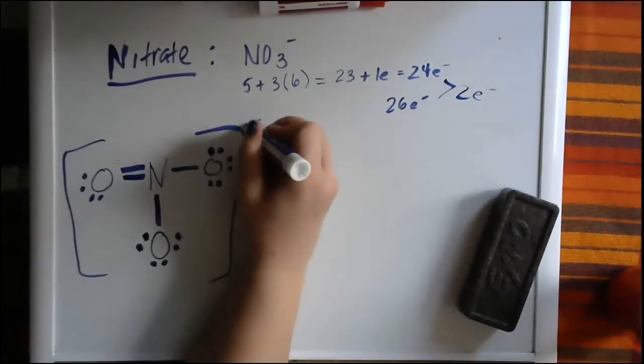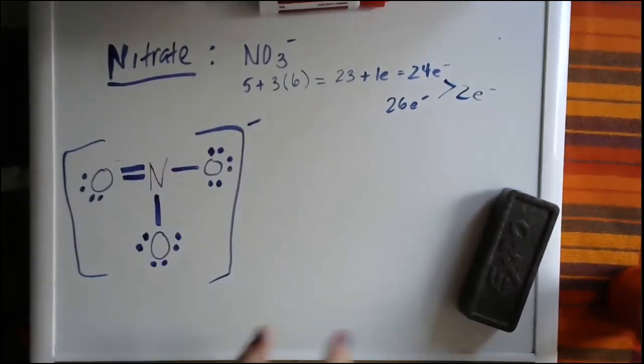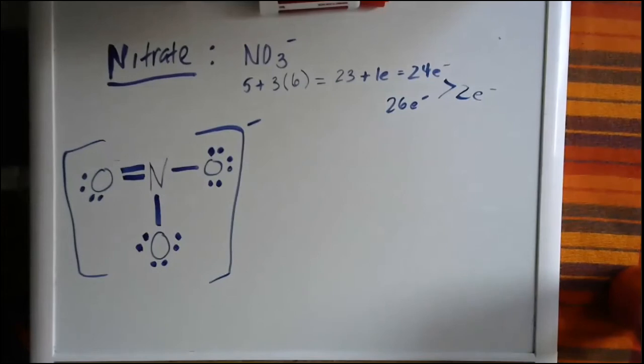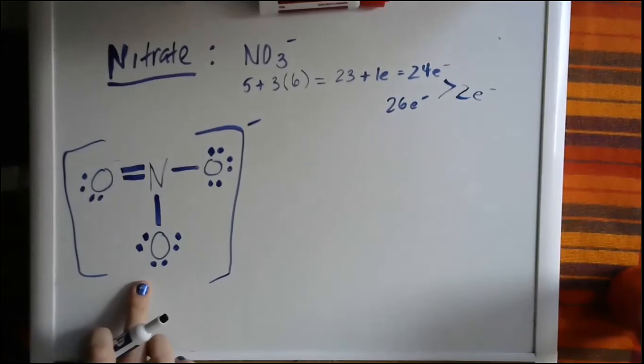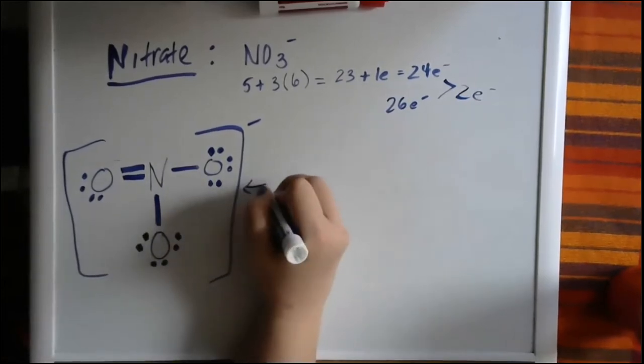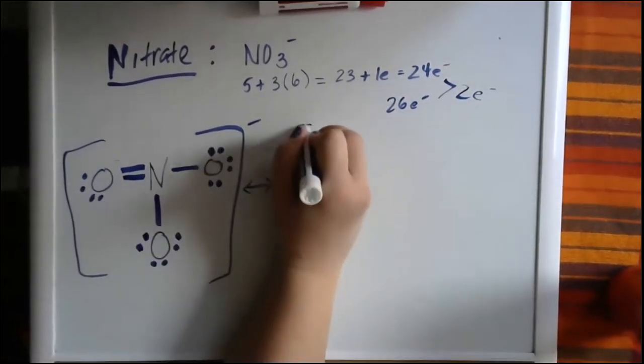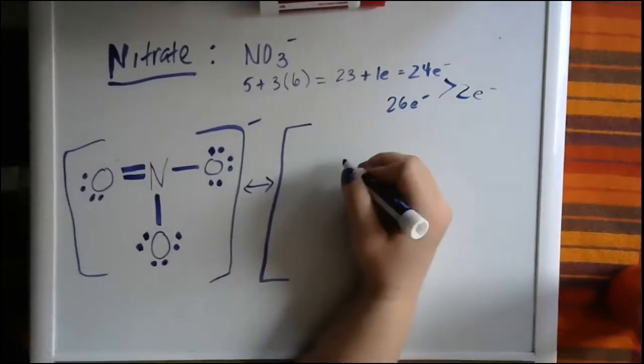for the nitrate ion. But it is not the only structure, because I could have just as easily written my double bond between nitrogen and this oxygen, which means that the resonance structure would be this.